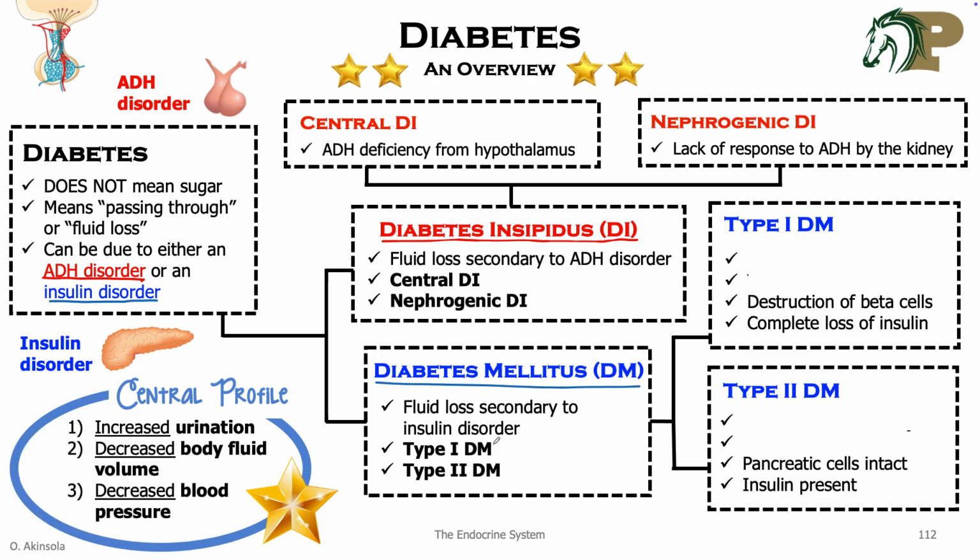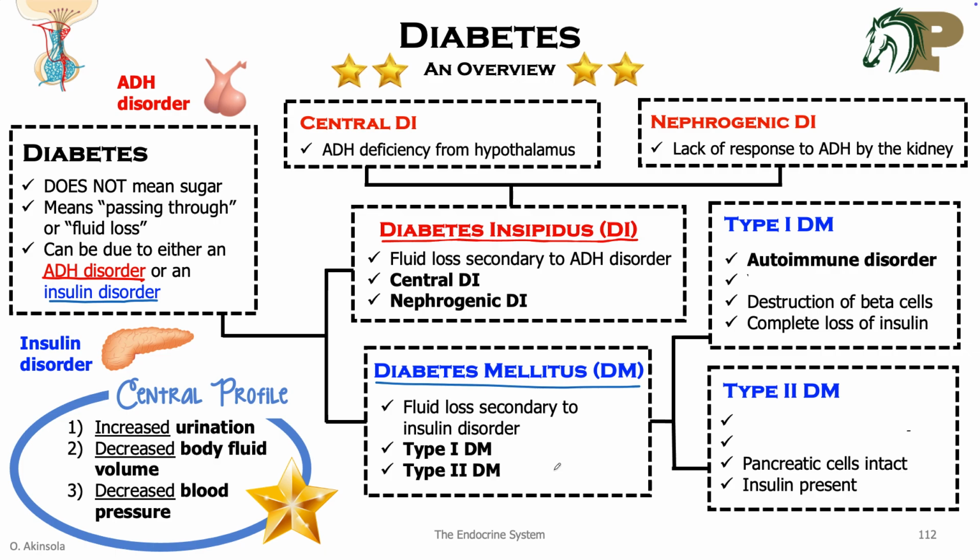And here we start to talk about type 1 and type 2 diabetes. Type 2 diabetes is the diabetes that we are all familiar with. Type 1 diabetes is an autoimmune disorder.